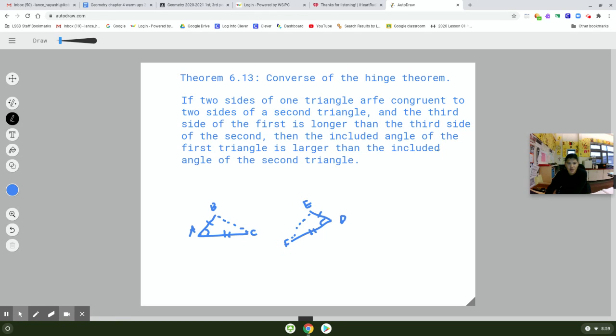Two sides of triangle ABC are congruent to two sides of triangle DEF. If I know that side BC is longer than side EF, I'm just writing that as an inequality, then the conclusion that you can make is that angle A, the measure of angle A, is greater than the measure of angle D. That's the converse of the hinge theorem.